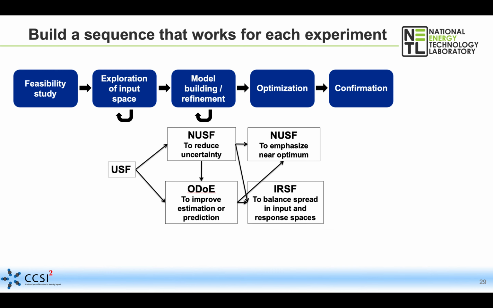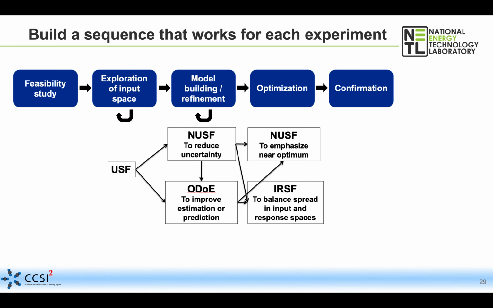Again, we want to make sure that we're building a sequence that works for each experiment and slotting in the methods from the Sequential Design of Experiments toolset that support that sequence in a strategic way.